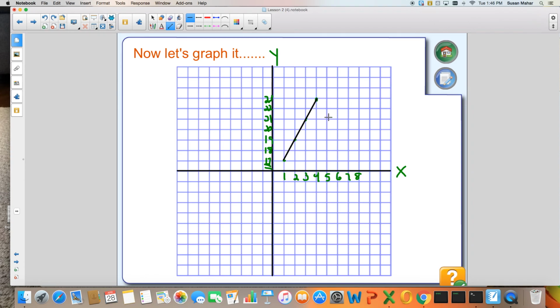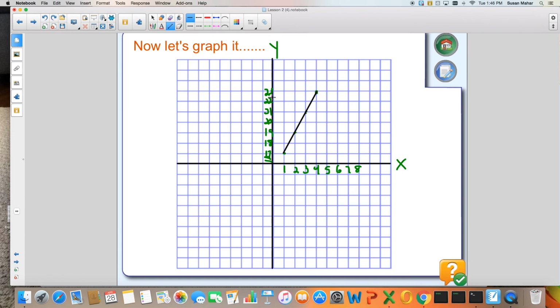I'm still going to get a straight line. It's going to look a little bit different because I compressed or I stretched out this interval here, the y-axis. Instead of counting by 2s or 3s or 4s, I counted by 1s, but I still get a straight line. Okay, I'm going to stop the video here.